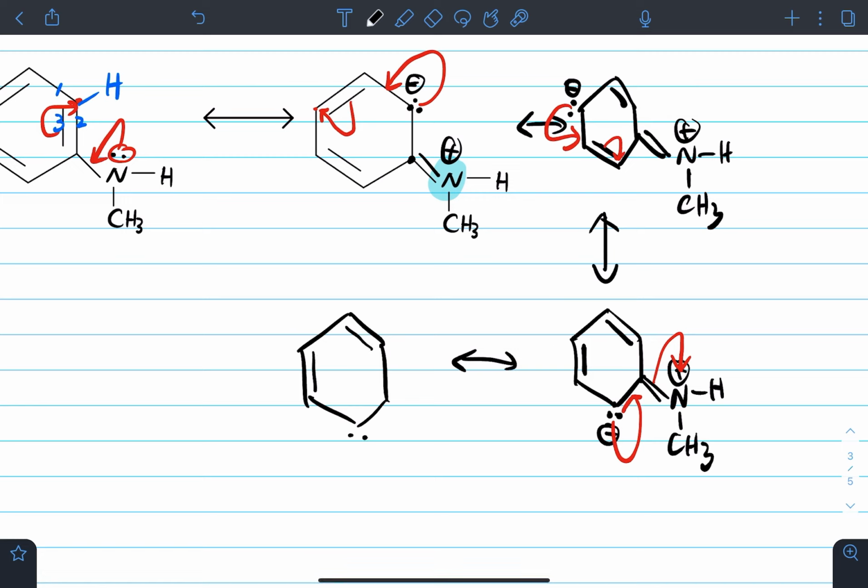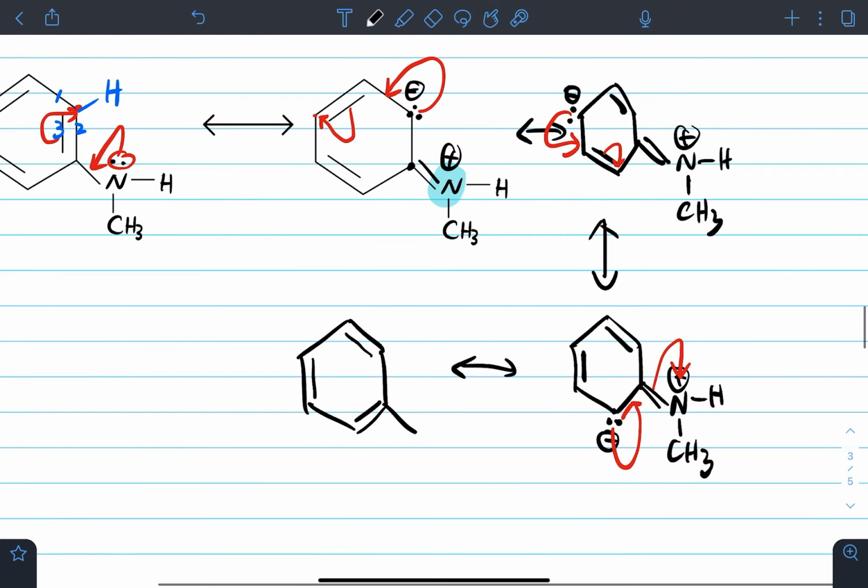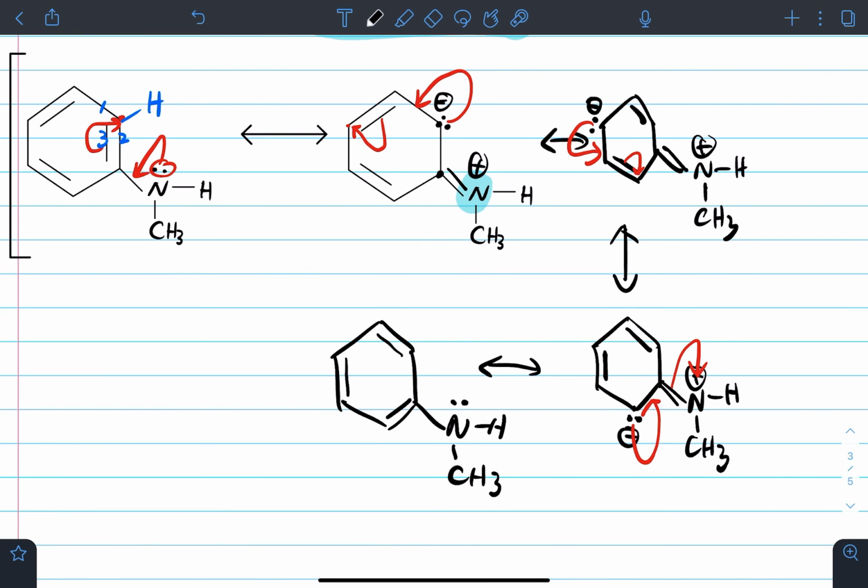So my lone pair here is moved to here, and then I had 2 bonds here, but now this bond is broken by assigning the lone pair to the nitrogen. So my nitrogen is still attached to my hydrogen and my CH3, which gives nitrogen a neutral charge again. I don't need that positive charge on nitrogen anymore. This is the end of my resonance structure.